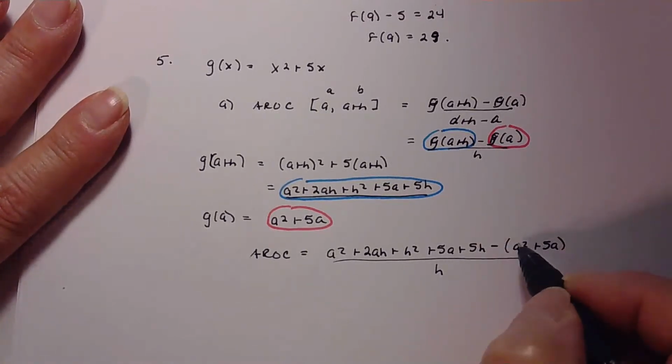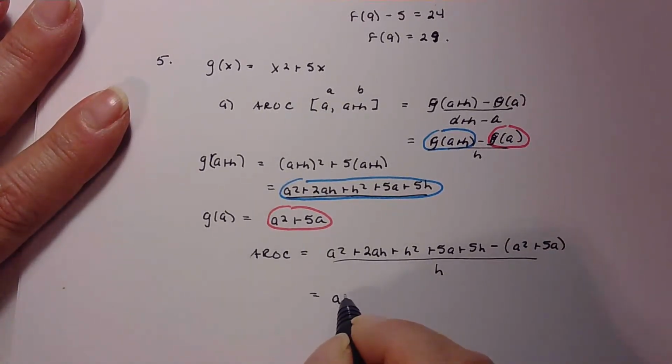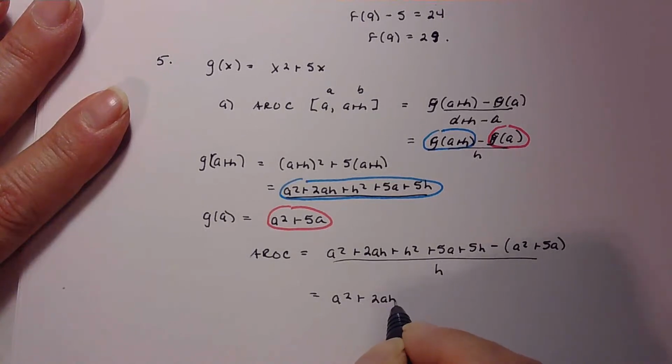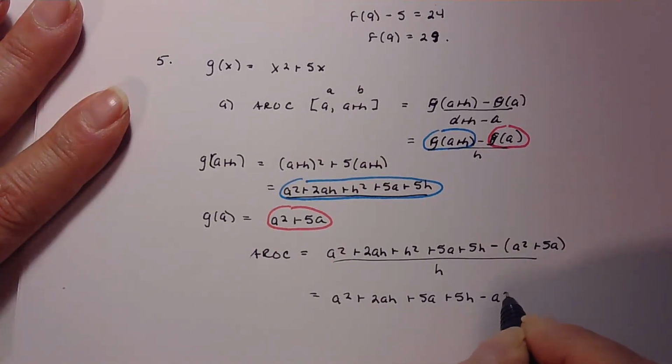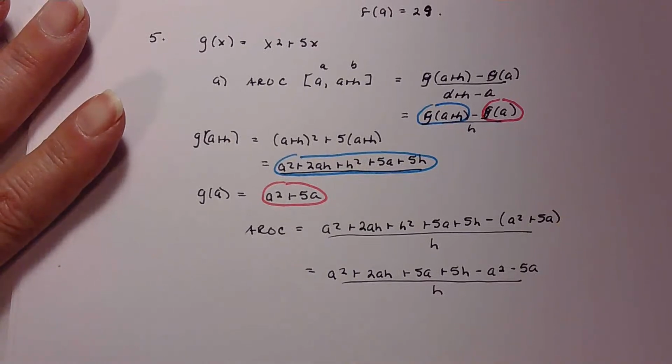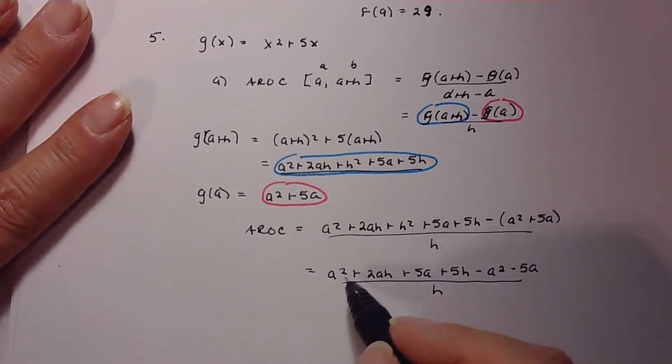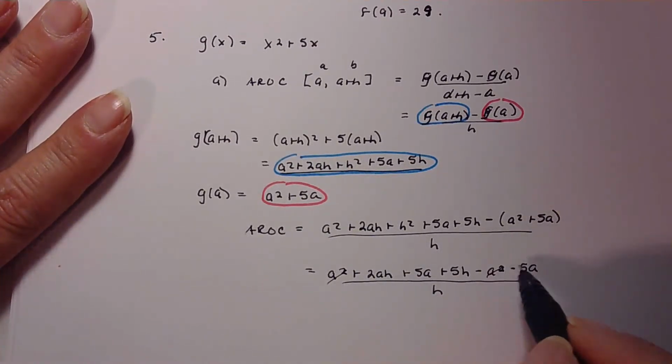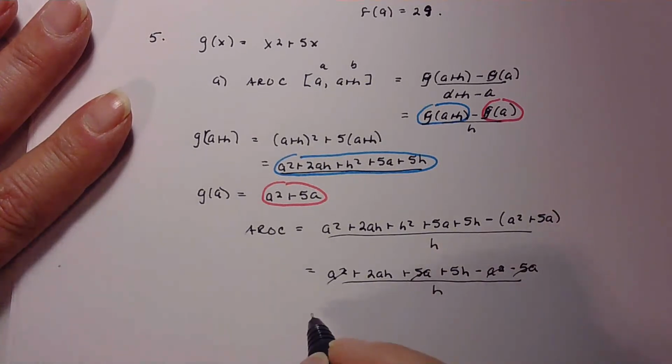And if I distribute this sign, I'm going to have A squared plus 2AH plus h squared plus 5A plus 5h minus A squared minus 5A all over h. And at this point here, I can see that the A squares are going to cancel and the 5A's are going to cancel. Now I'm going to factor an h out of the numerator.